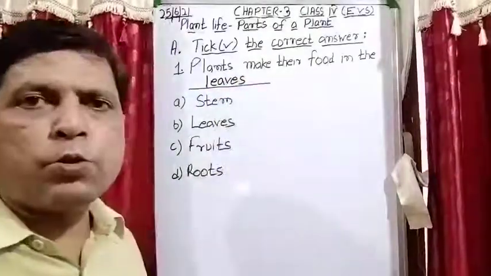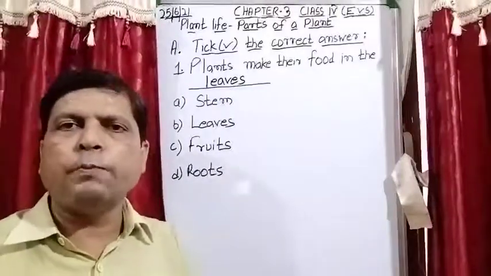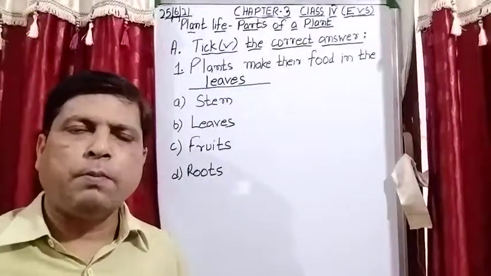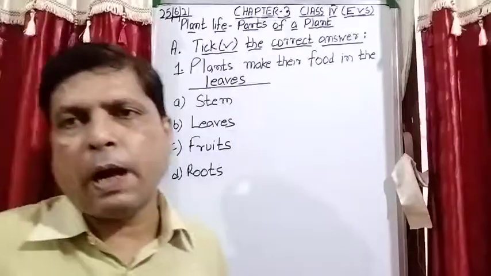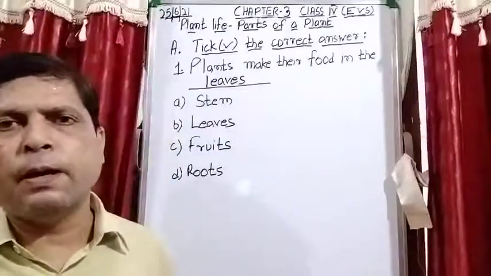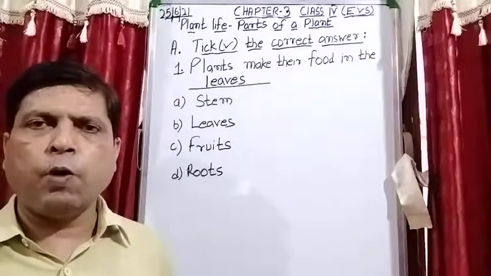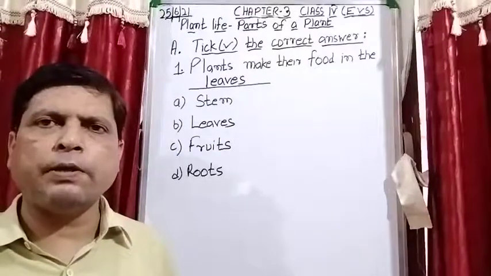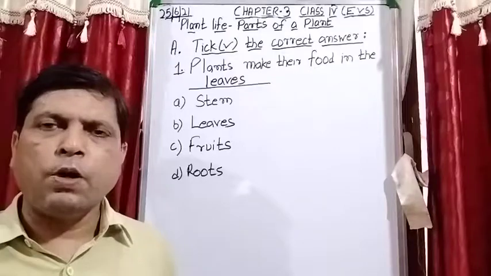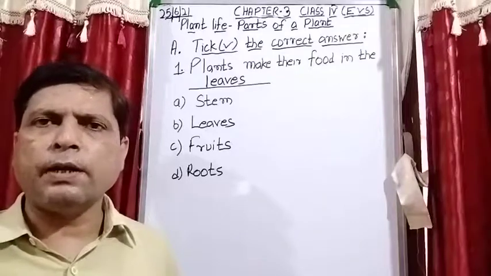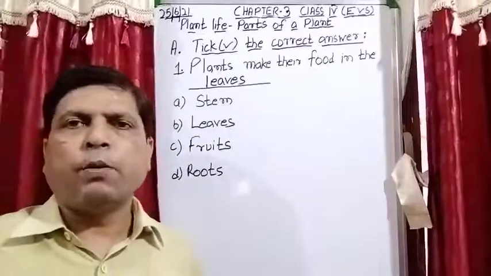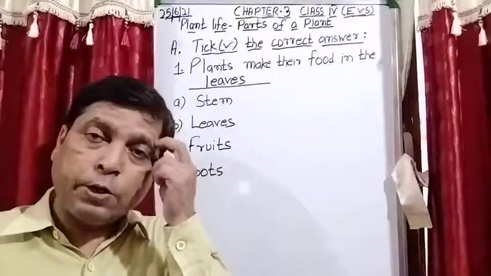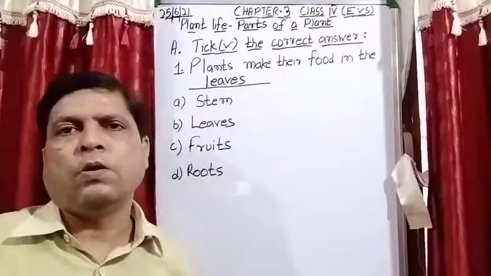That is also the reason, students, that leaves are known as the food factory of the plant, because a leaf is that part of the plant which prepares food for the plant. Water and minerals that are absorbed by the root go from the stem to the leaves.